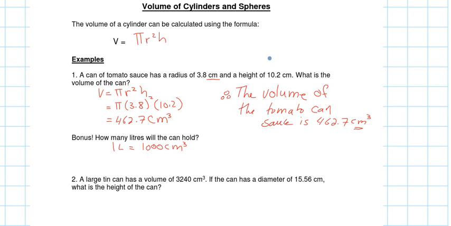Yes? So the way I do it is cross-multiply: we multiply the two numbers that are across from each other, and then we divide by the third number. That means I'm going to multiply by 1.